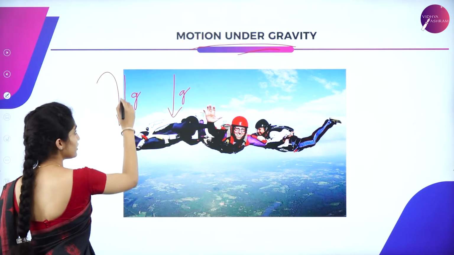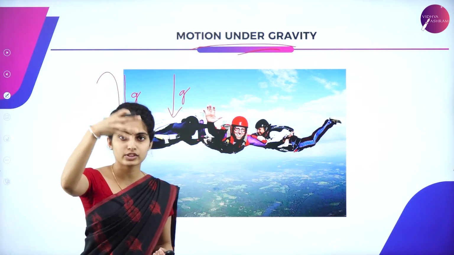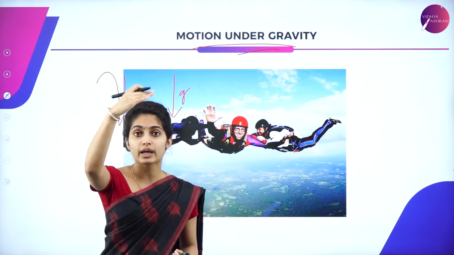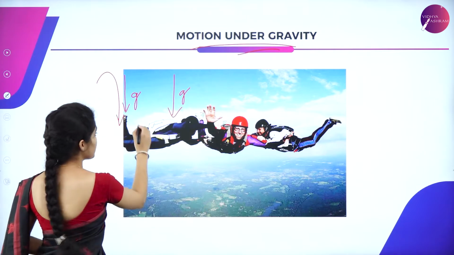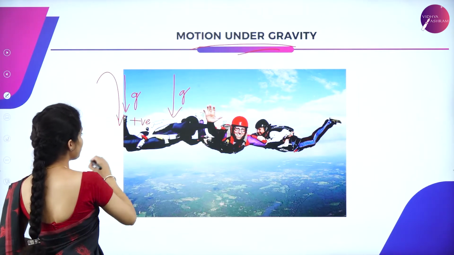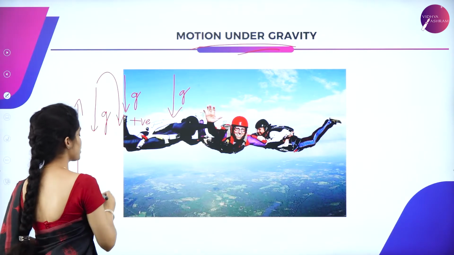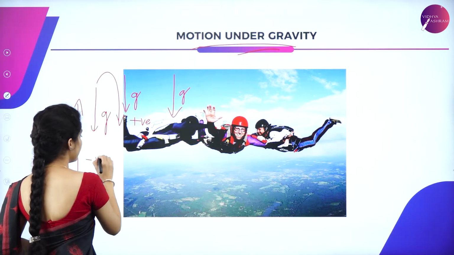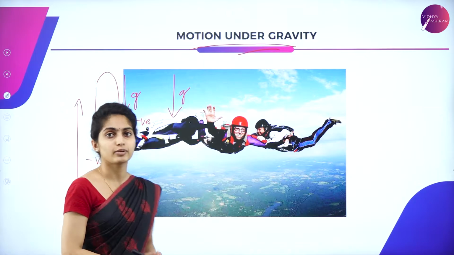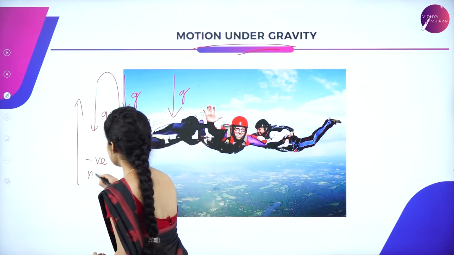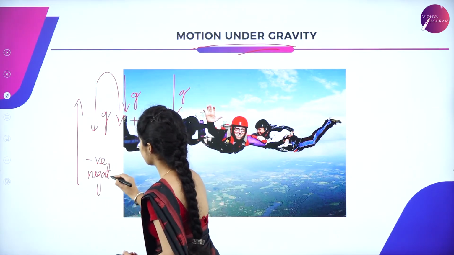So whichever object is falling from up to down is considered positive. If the object is thrown upwards, that is against the acceleration due to gravity, then the acceleration due to gravity is termed negative.